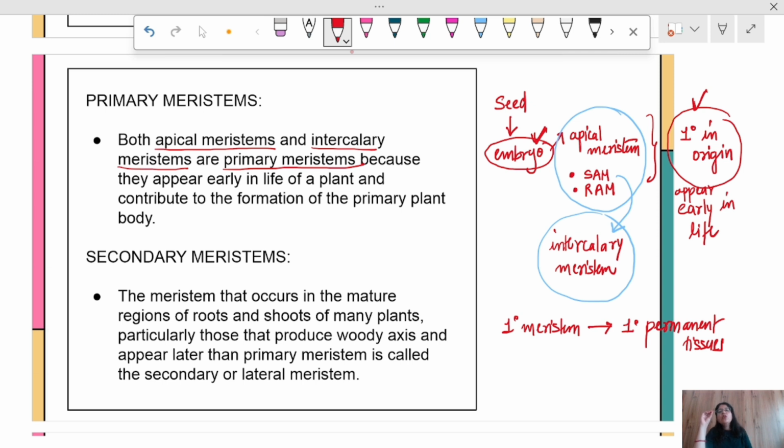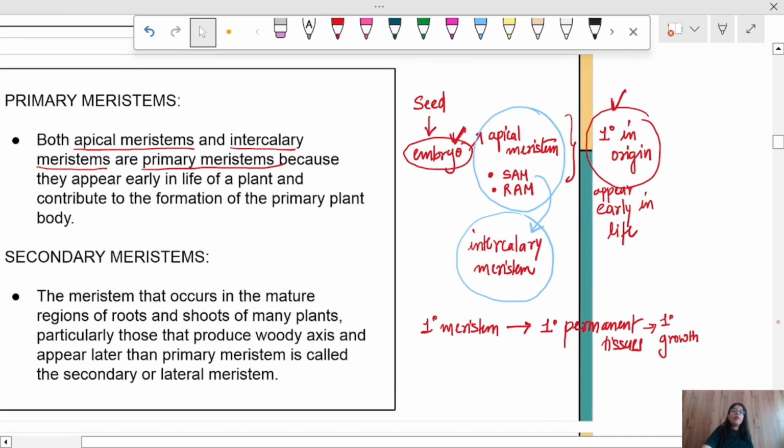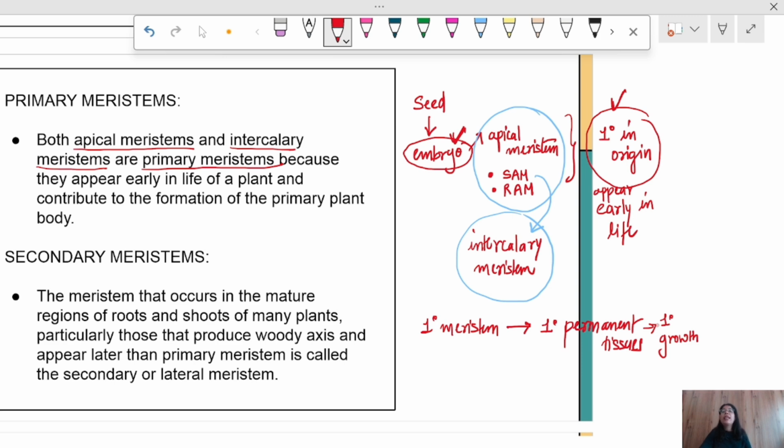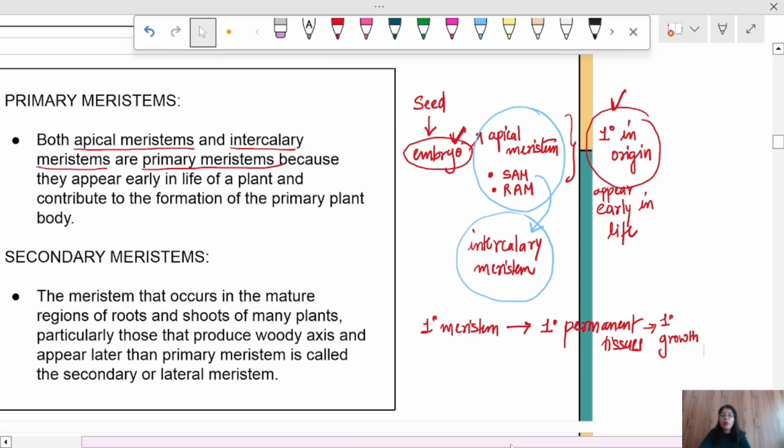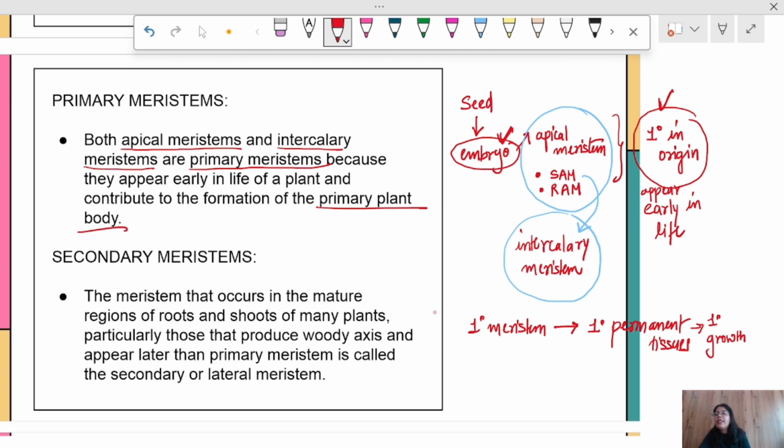Understood? So it is responsible for primary growth of the plant body. What is the meaning of primary growth? Primary growth means you form primary organs like leaf, stem, root, young stem, young leaf. So the primary plant body is formed by primary meristem by forming primary permanent tissues.